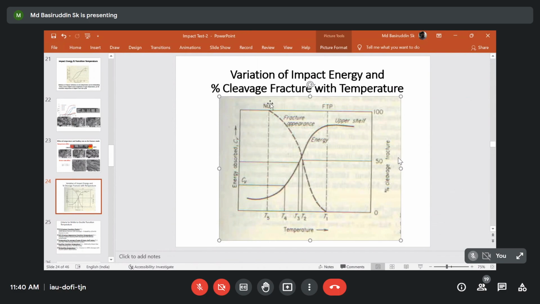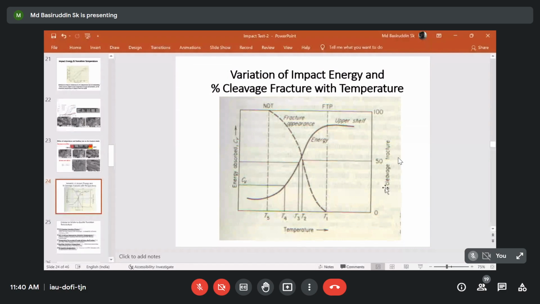So we can draw the transition curve in terms of the fracture surface or in terms of the energy absorption capacity. The dotted curve reflects the transition curve considering the fracture morphology, measured from the cleavage fracture surface. Here you can find a few important parameters like the nil ductility temperature and the FATT, the fracture appearance transition temperature, that is the T2 temperature, where 50% cleavage fracture and 50% ductile fracture are there.